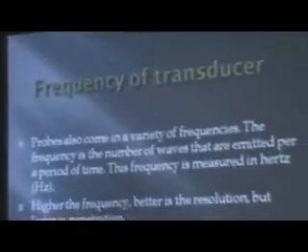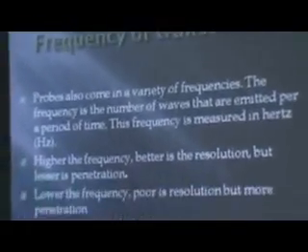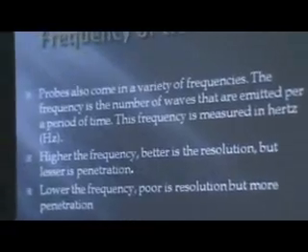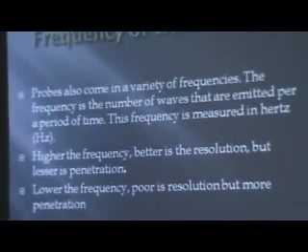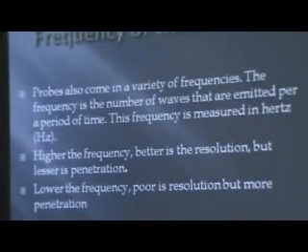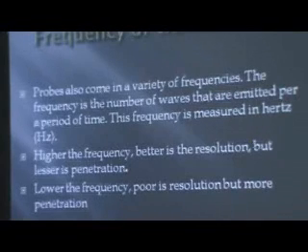The frequency of the transducer is variable, and they come in a variety of frequencies. The routinely used ultrasound transducer for abdominal examination has a frequency of 3 to 3.75 megahertz. If we increase the frequency, penetration decreases and resolution improves.